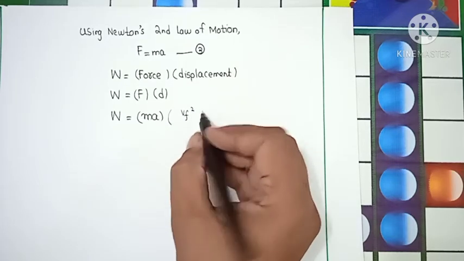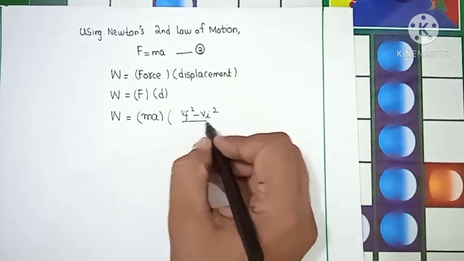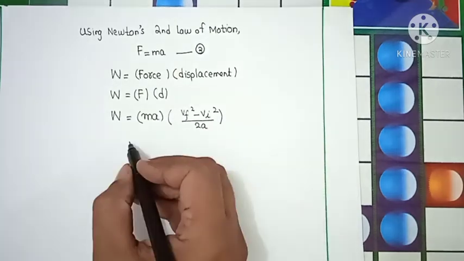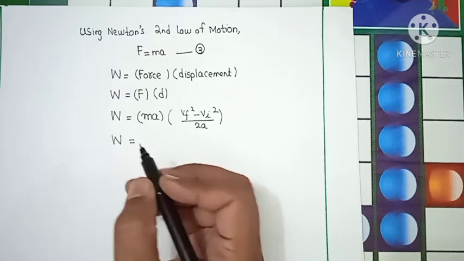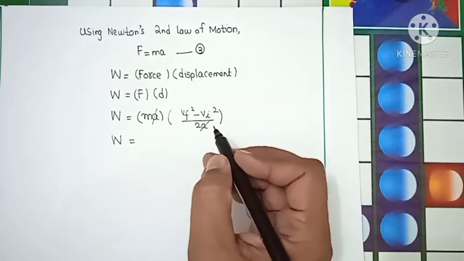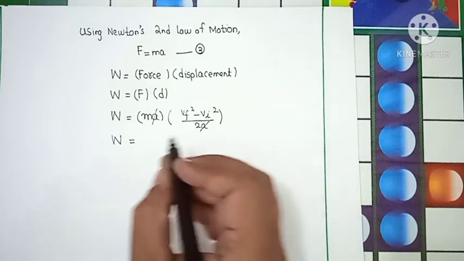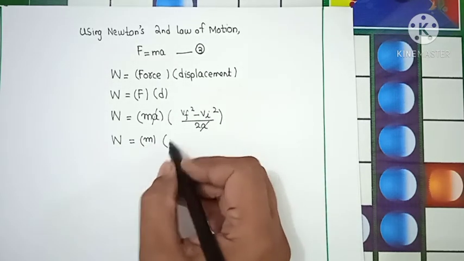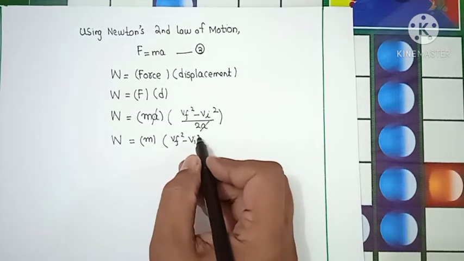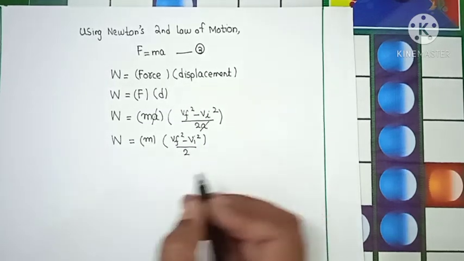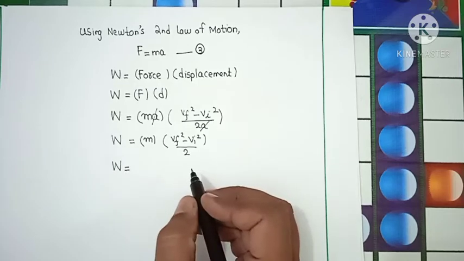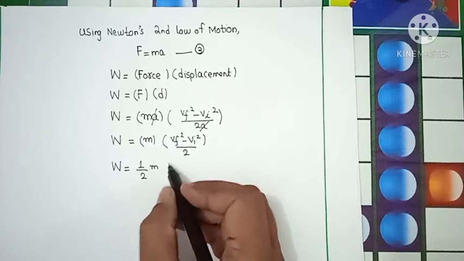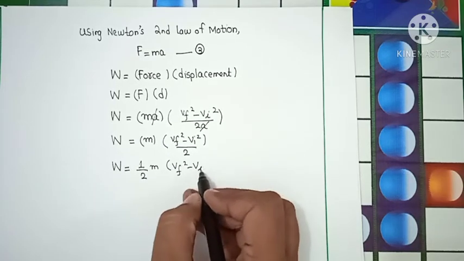W is equal to ma times Vf square minus Vi square divided by 2a. Acceleration cancels with acceleration, and the remaining portion is m times Vf square minus Vi square divided by 2. Taking the constant before m, 1 by 2 m Vf square minus Vi square.